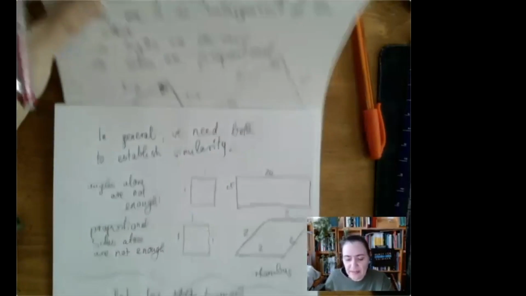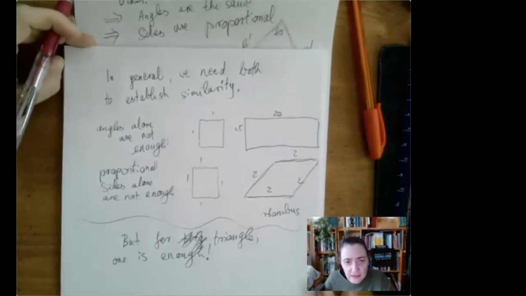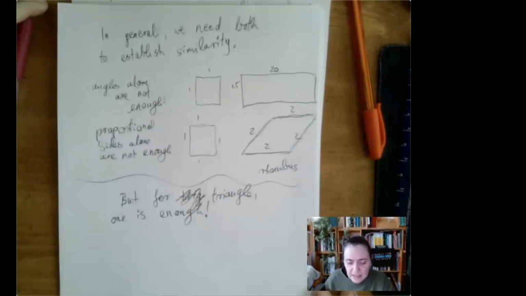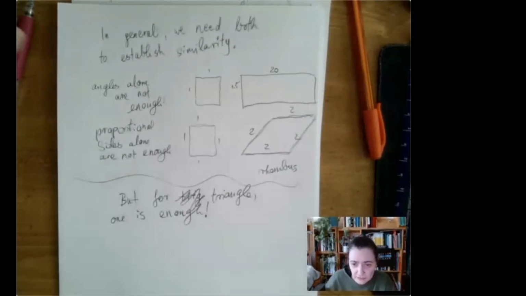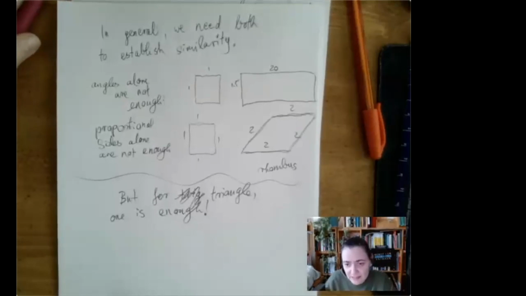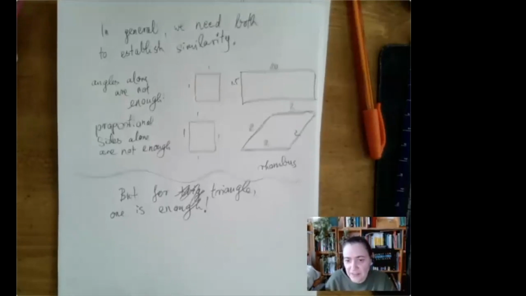Or if we prove that we have two triangles and we can show that all three sides of the bigger triangle are twice as long as all three sides of the smaller triangle, then in fact they are similar, and therefore we can conclude that they have the same angles. And there is a third case.